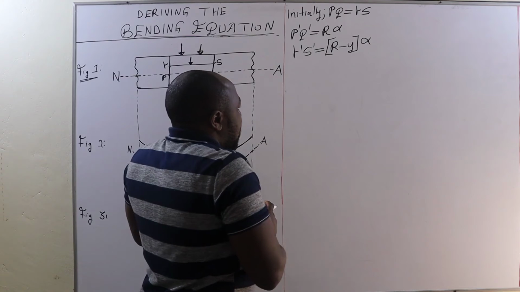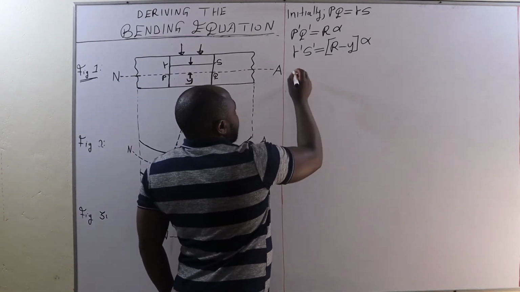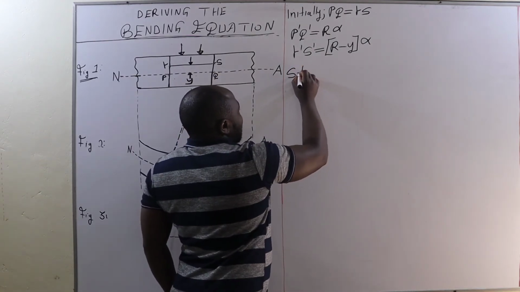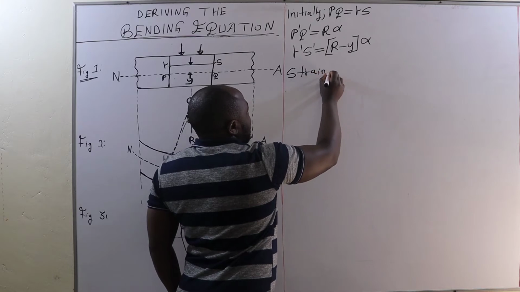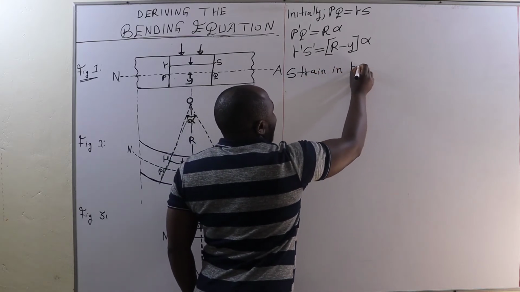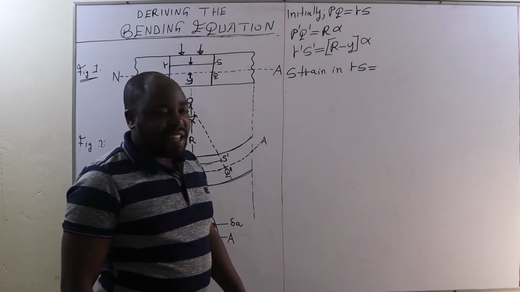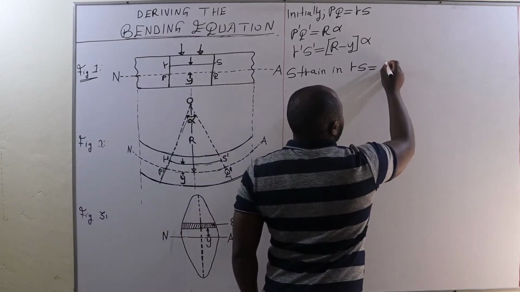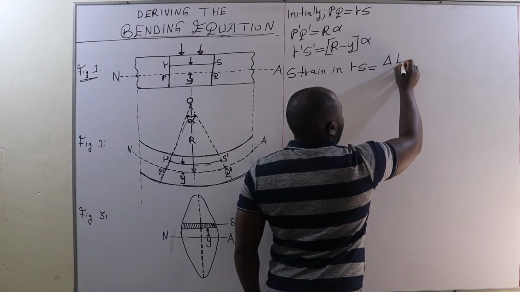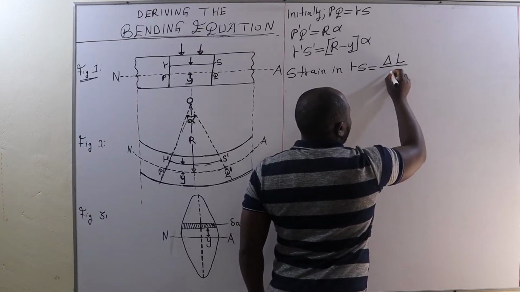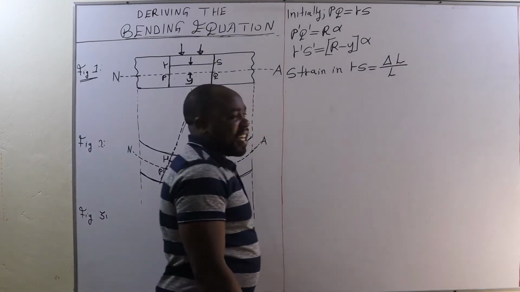Now, the strain in layer RS is going to be given by change in length all over the original length.